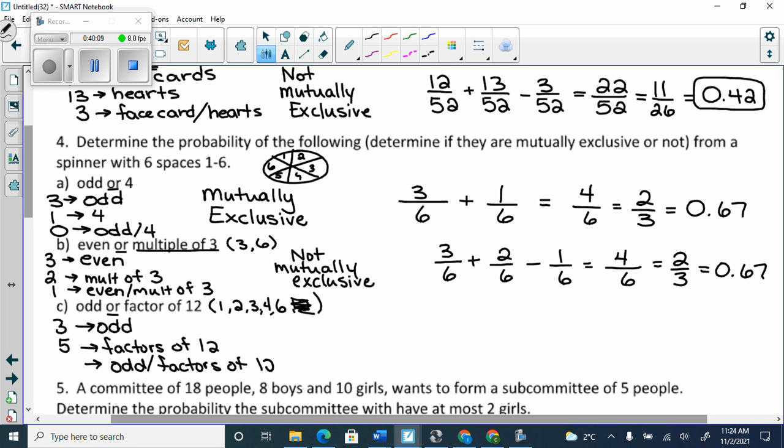So sometimes it's nice to list them. That's why I listed the factors of 12 here. How many factors of 12 are odd? 1 and 3. So 2 of them, correct? Uh-oh. I filled in not 0 here. If I fill in anything but 0 here, it's not mutually exclusive, right? There's overlap.